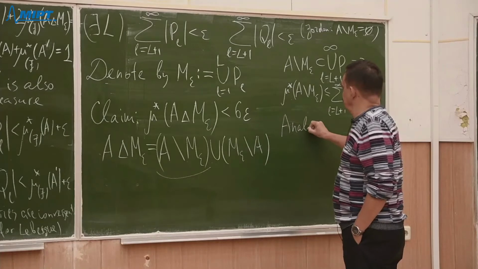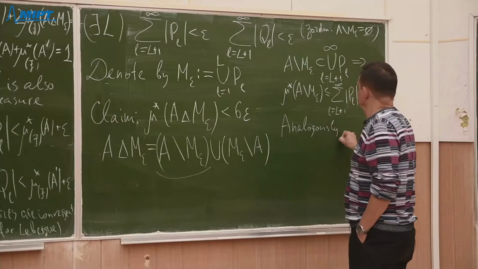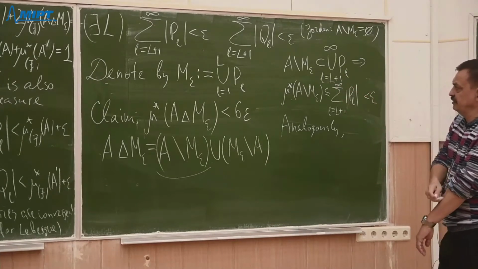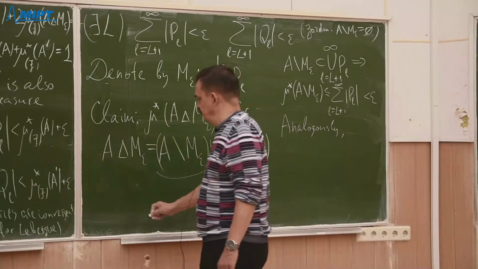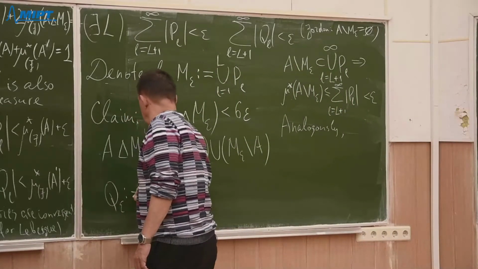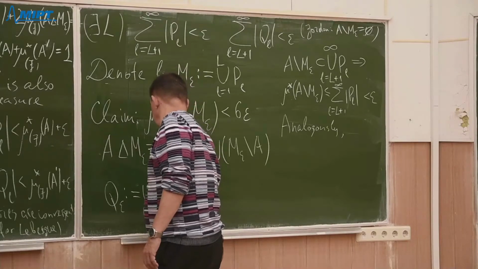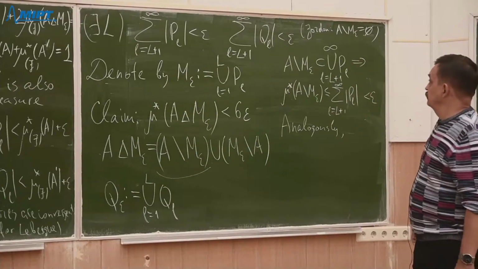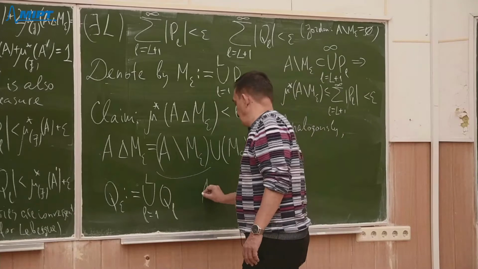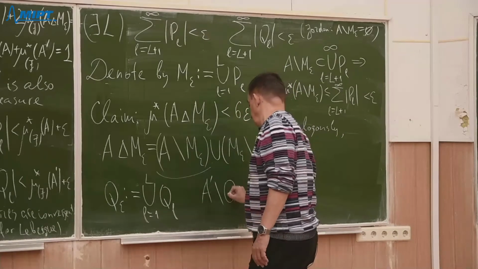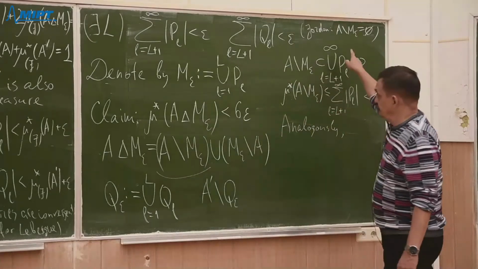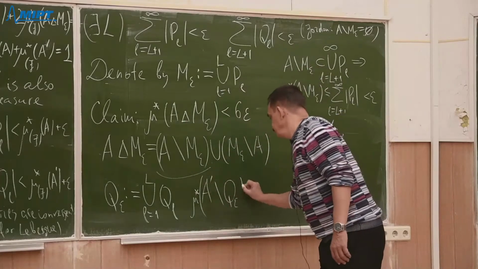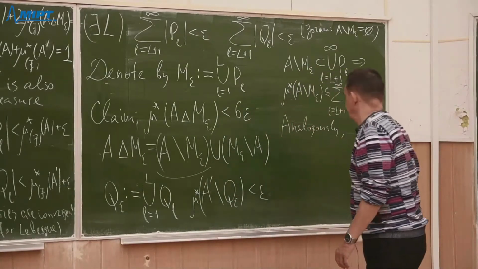Analogously, we have a similar thing, also denoted by Q epsilon, the union of QL. So we have A prime minus Q epsilon is covered by that one, so we have an analogous estimation less than epsilon.